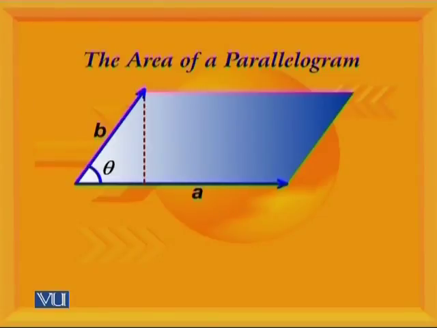In the diagram this parallelogram is visible, and in this parallelogram the height is h, which is equal to magnitude of b into sin theta, because you know h over magnitude of b is equal to sin theta. So h is equal to magnitude of b into sin theta.